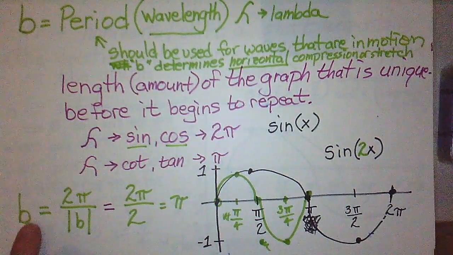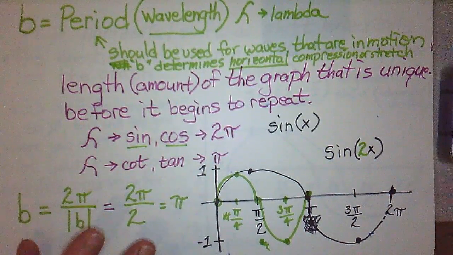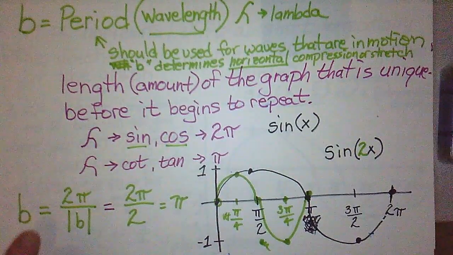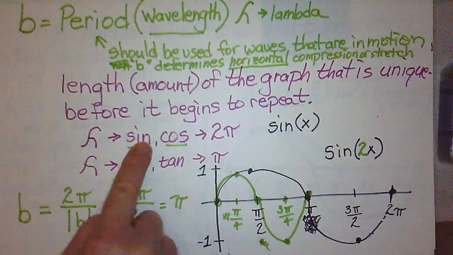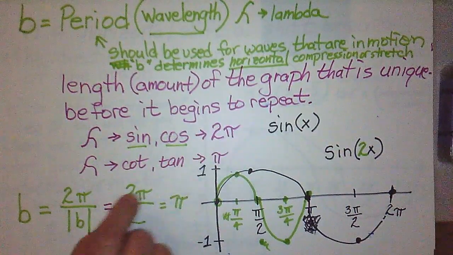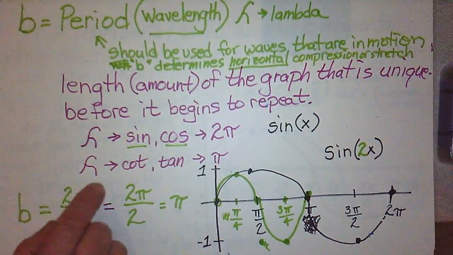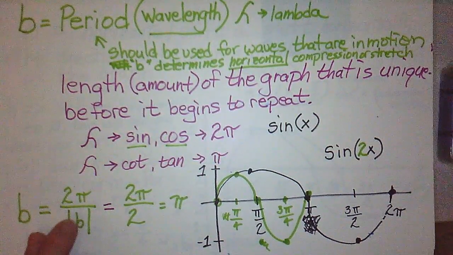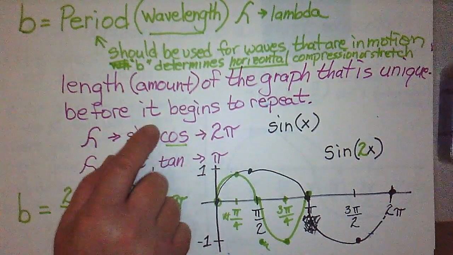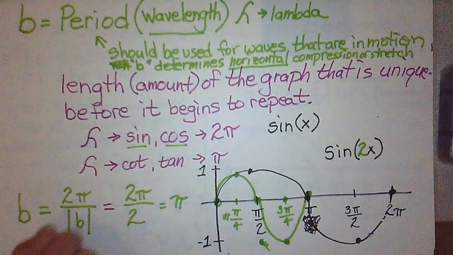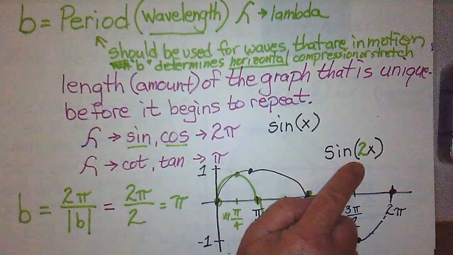And the way you figure out what the period or wavelength is going to be: it's whatever the period of the parent function is, 2 pi in the case of sine and cosine, divided by the absolute value of B. Okay, this is B. The 2 is B.